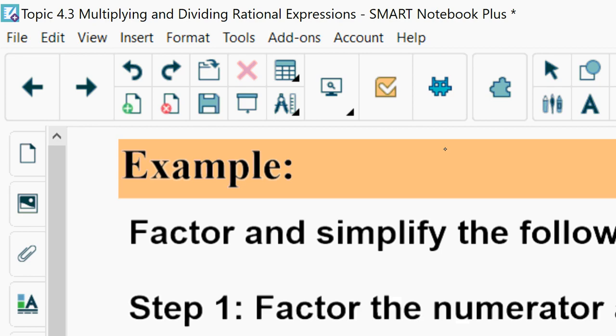I need to think of two numbers such that when I multiply them, I get -72, but when I add them, I get +1. I like 9 and 8. And the 9 has to be positive because 9 minus 8 will give me this +1, which is the coefficient of x there.